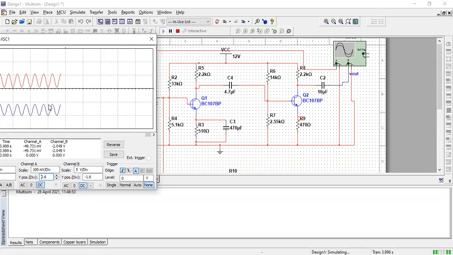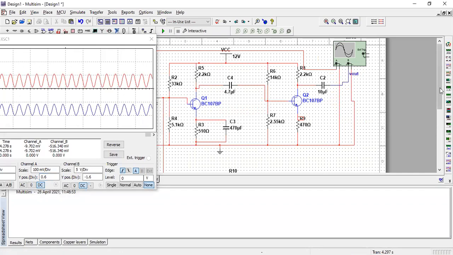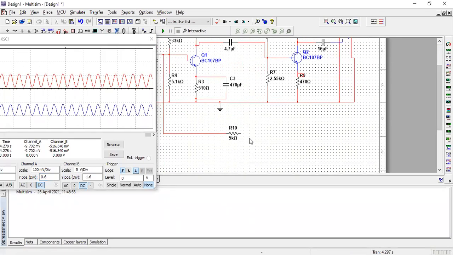And with the feedback, if I include the feedback, what am I going to get? See, I'll make the connection once again. If I include the feedback, this is what I'm getting.